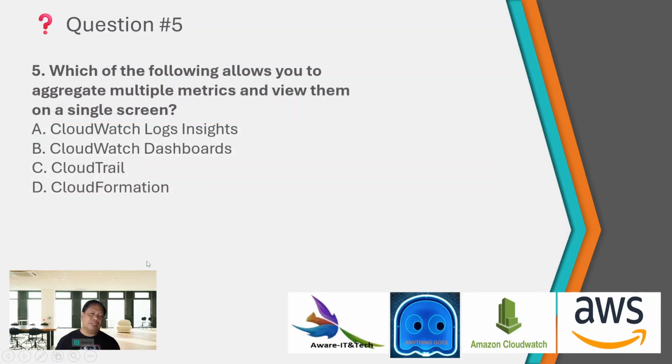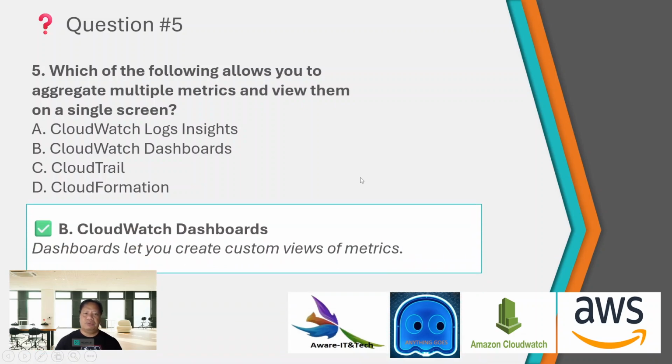Yep. And which of the following allows you to aggregate multiple metrics and view them on a single screen? That's obvious. Is it CloudWatch Logs Insights, dashboard, trail, or CloudFormation? The correct answer is, of course, dashboard, and we have two of them.